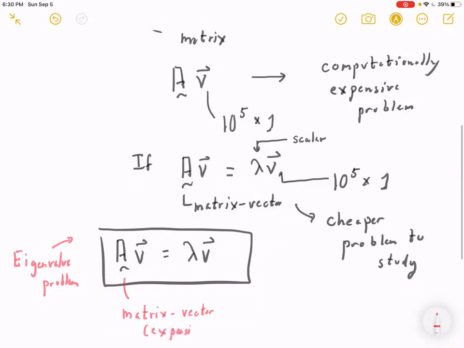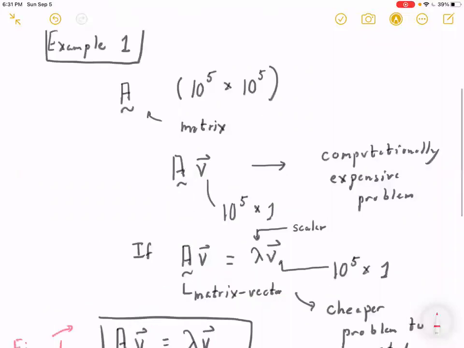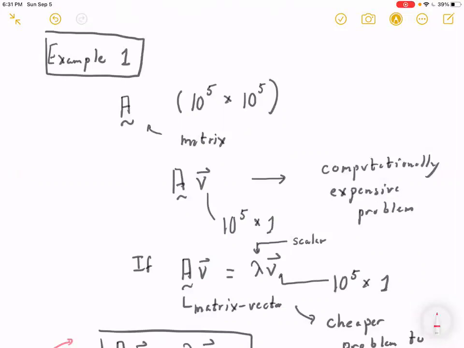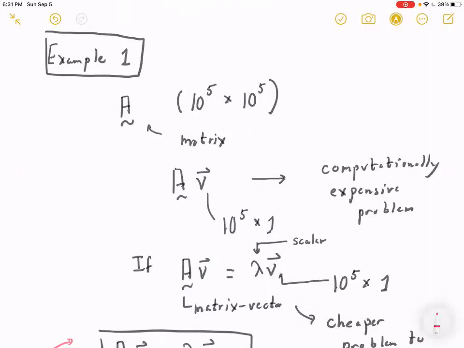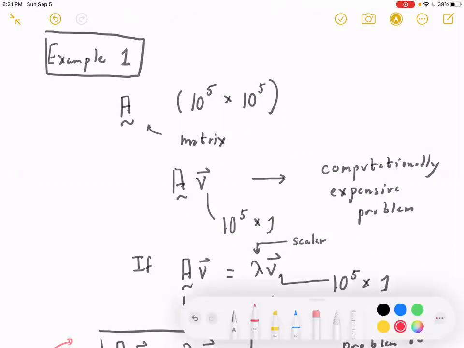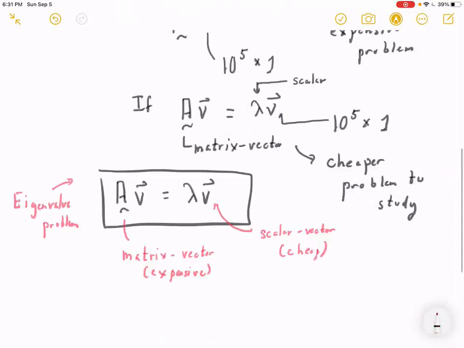But if your problem could be recast as an eigenvalue problem, then all of that can be replaced by just taking a scalar and multiplying it by a vector to get a vector, and that's cheap. So that's one example of how matrix multiplication, or the eigenvalue problem, is something that's of interest in linear algebra.